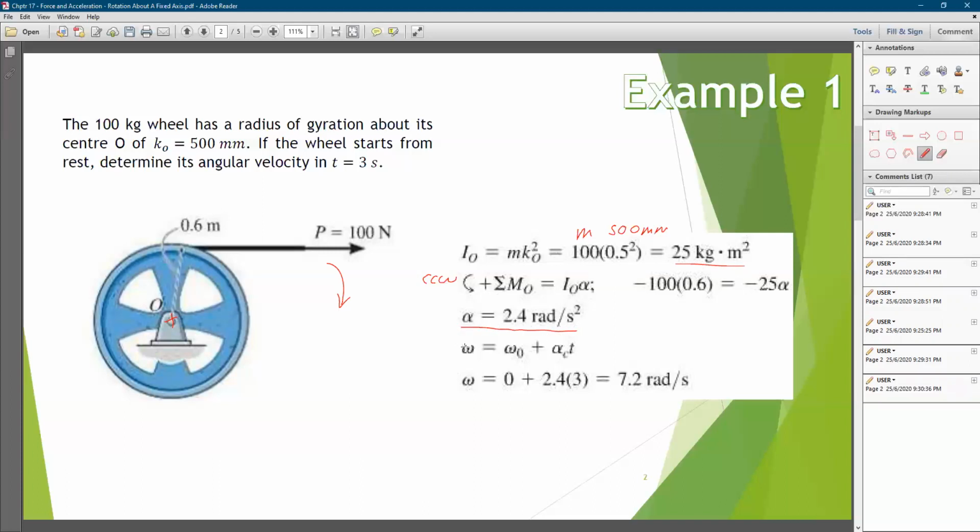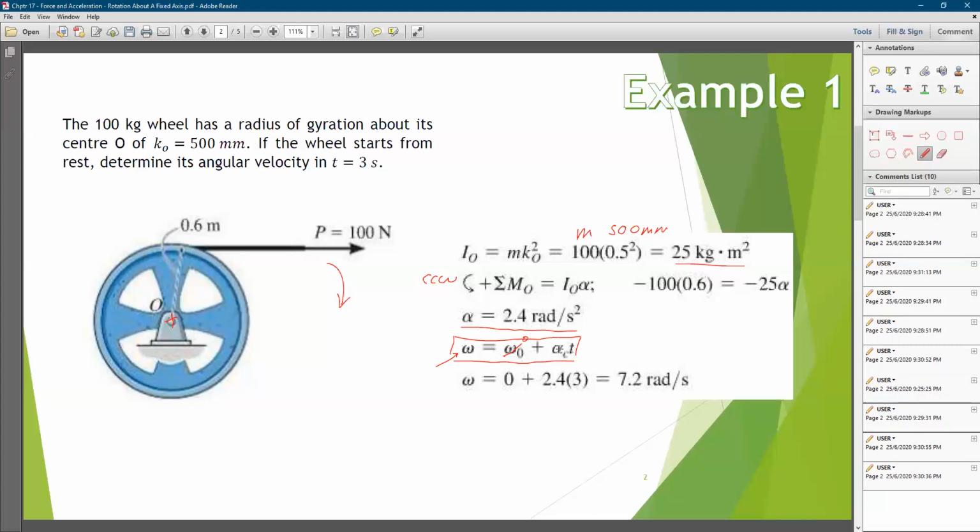Now, the final step here is to calculate the angular velocity. It is a general formula, where it is the angular velocity at time t that we want to determine, which is at 3 seconds. It is the initial angular velocity, and from the question, it is already mentioned that the wheel starts from rest, so this term is equal to 0.